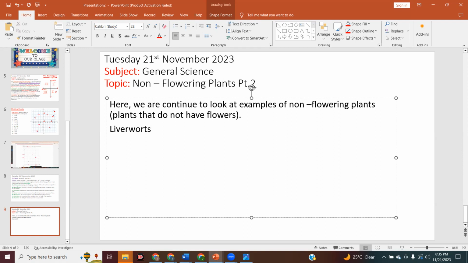Now liverworts, some characteristics are they have a simple leaf structure.